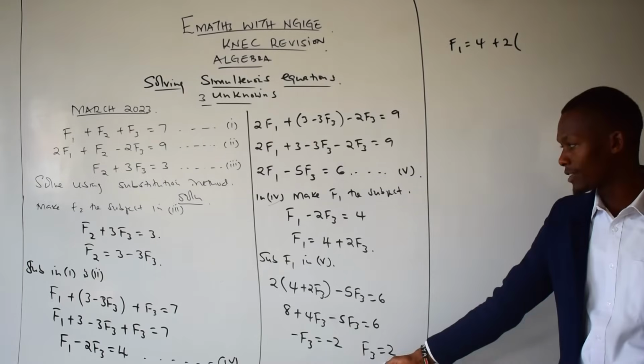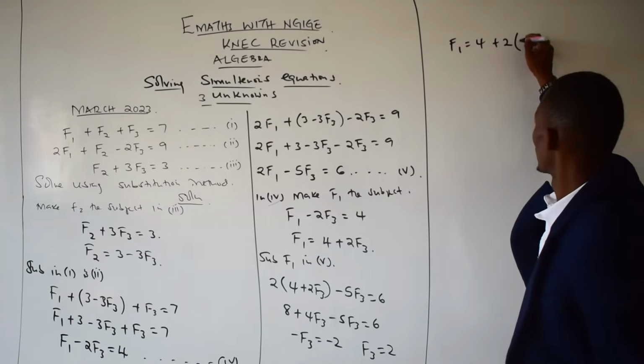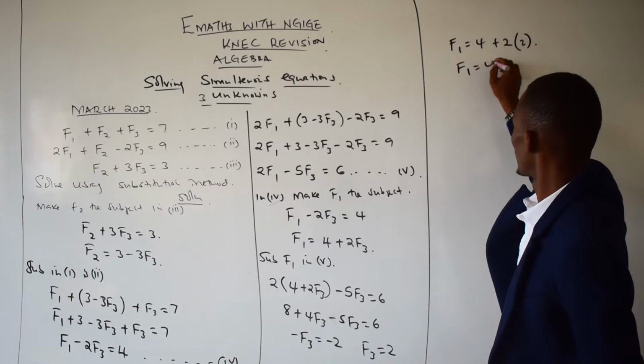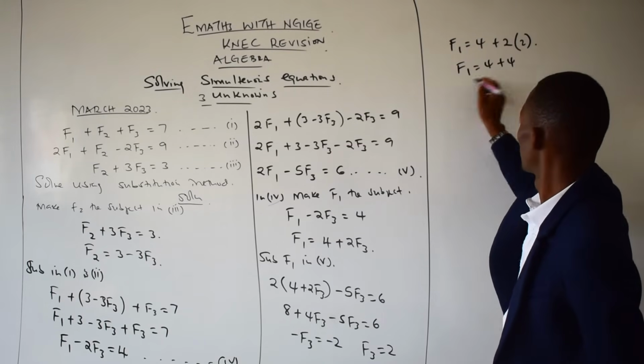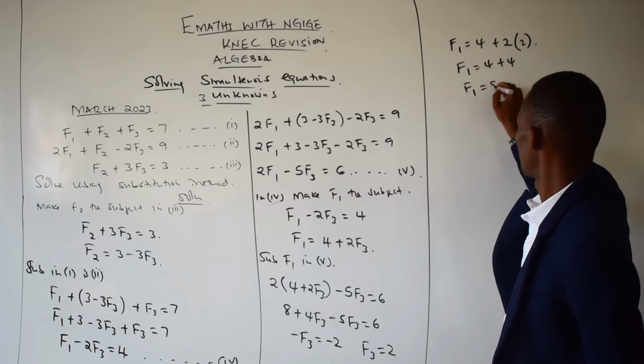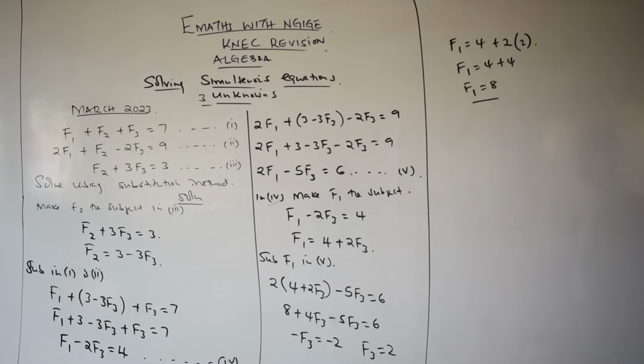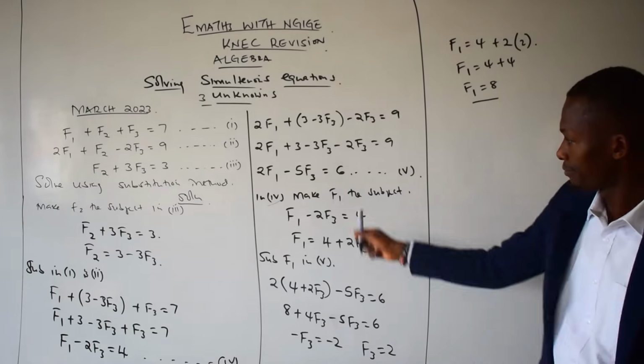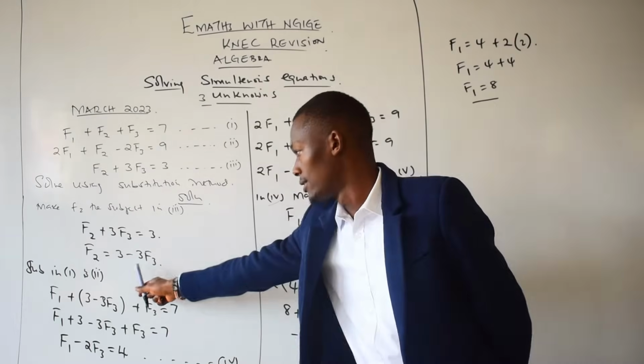What is our value for f3? Our f3 is 2. Therefore our f1 will be given by 4 plus 4. Right? So your f1 will be 8.